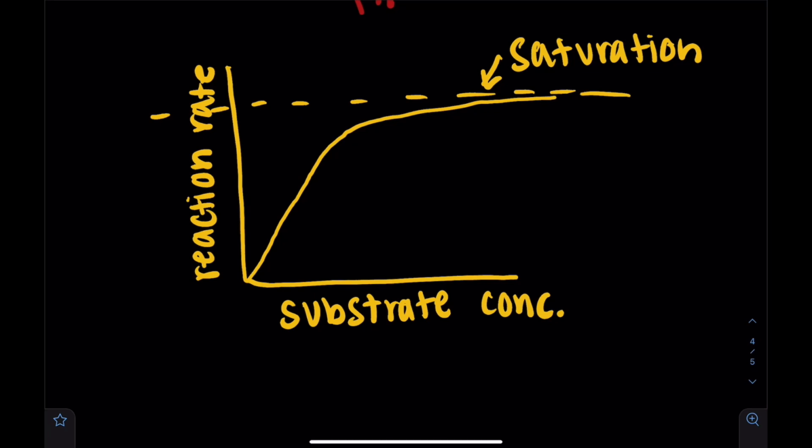So what exactly is the point of saturation? That is when the substrate concentration is in equilibrium with the enzyme concentration. At that point, the reaction has hit its highest point, it's at its maximum. And if you add more substrate, it's not going to increase the rate further. It's going to stay at that same point.